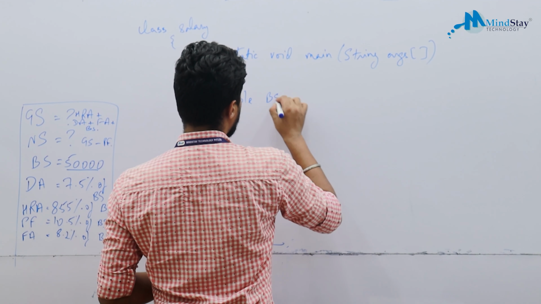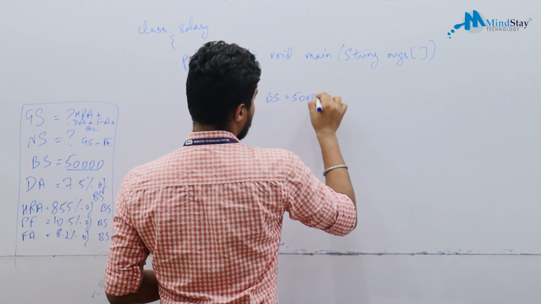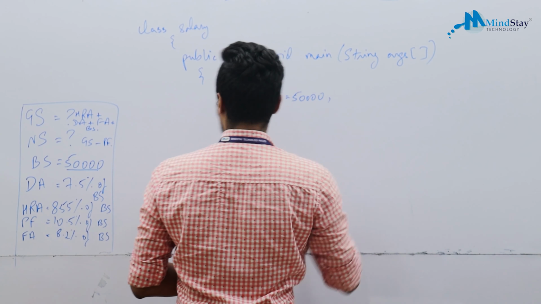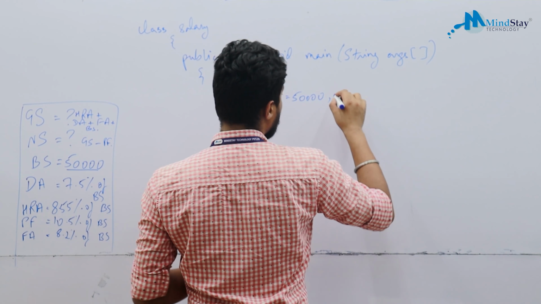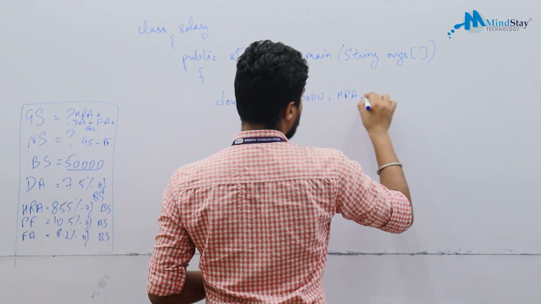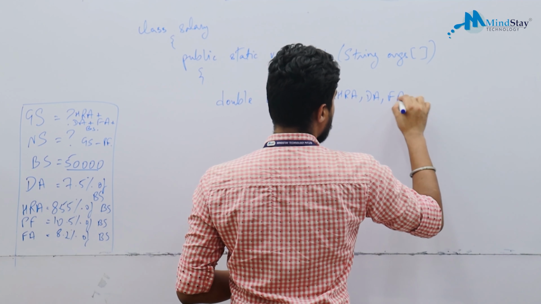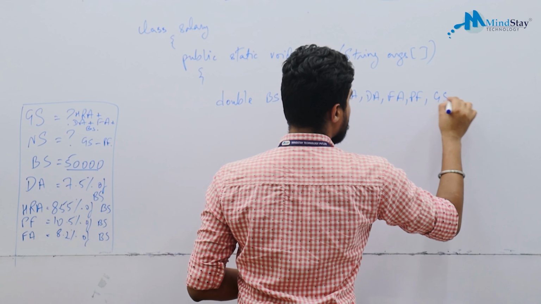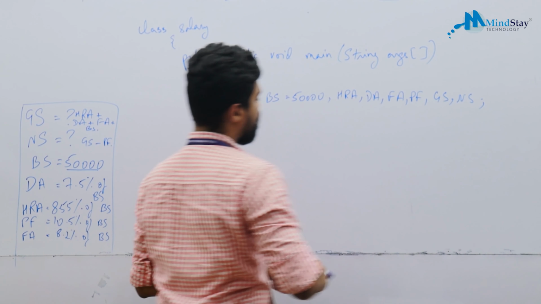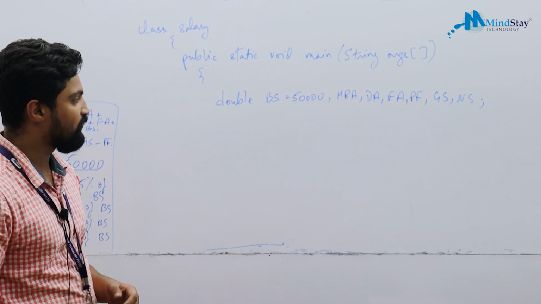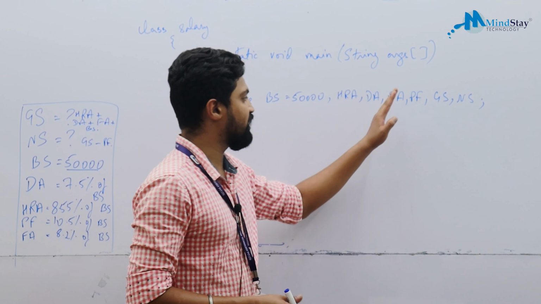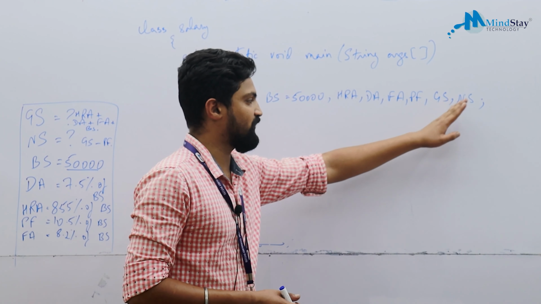Let's say BS for your basic salary is 50,000. Then for the rest, just write down HRA, DA, FA, PF, GS and NS. We have only been provided one value, BS is 50,000. The rest, HRA, DA, FA, PF, GS, NS, we have to find.